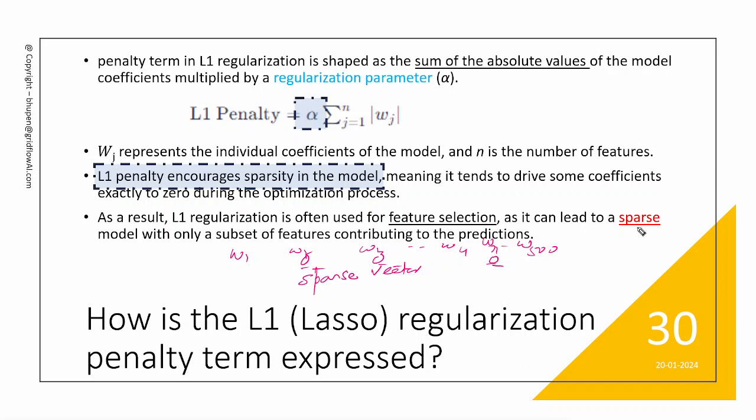I marked it red, but this is useful in some way, which is feature selection. We will understand how some of the coefficients become zero because of L1 regularization.